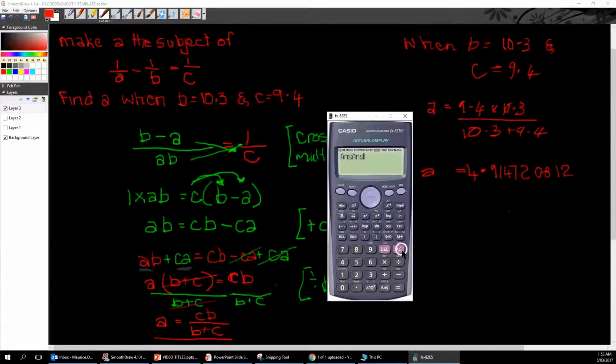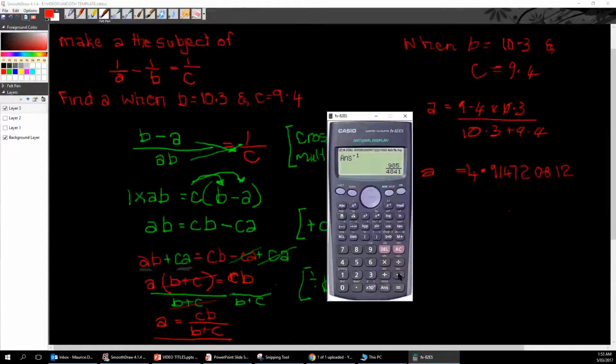Delete. Answer. And I'm going to go, is there a 1 over x? I can't see it there. Oh, x to the negative 1. Equals.